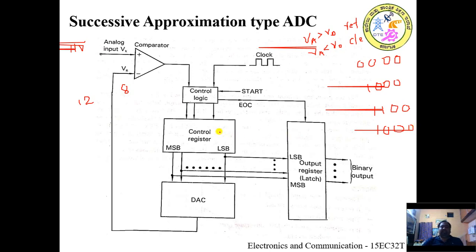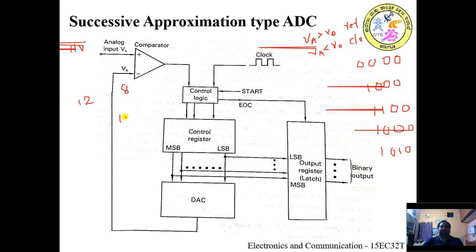In the next step, the control logic moves on to the third MSB bit and sets it. So now it becomes 1010. With 1010, if it is converted into an equivalent analog value, it results in a value 10.